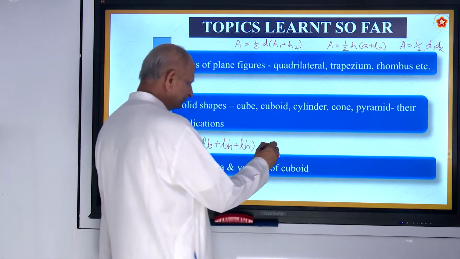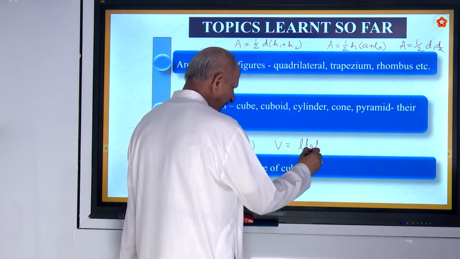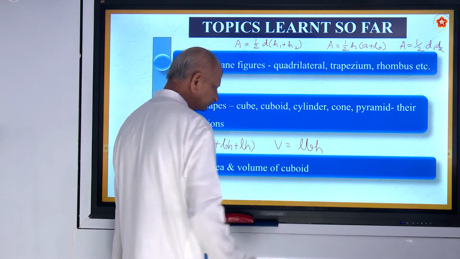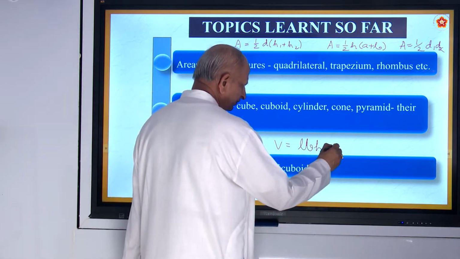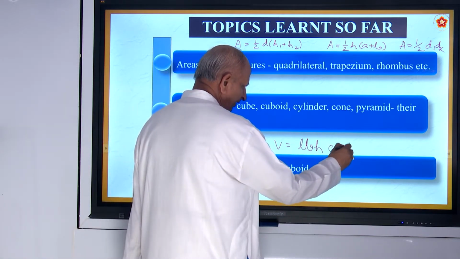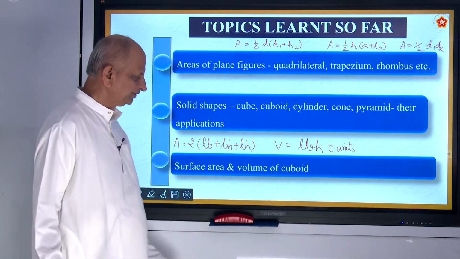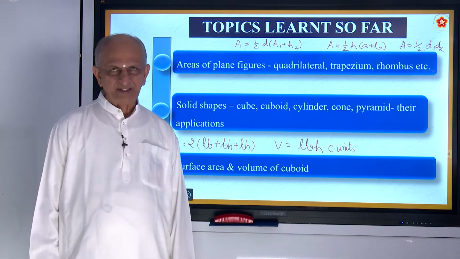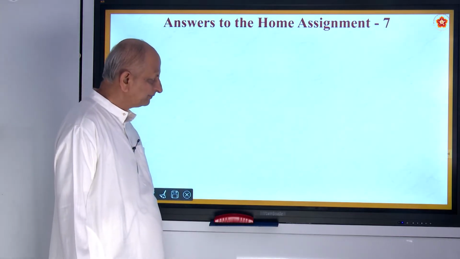And volume of a cuboid is given by the formula L into B into H, so much of cubic units, maybe centimeters or meters, etc. This is a thing we have studied in the previous class. Now shall we go to home assignment?